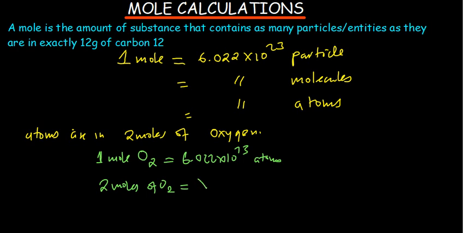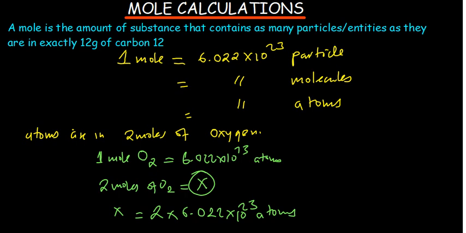That is going to be equal to x. So just determine this x. So x is going to be 2 multiplied by 6.022 times 10 to the power 23 atoms. These are the number of atoms of oxygen in 2 moles. Hope we get that, and that is very important for understanding.